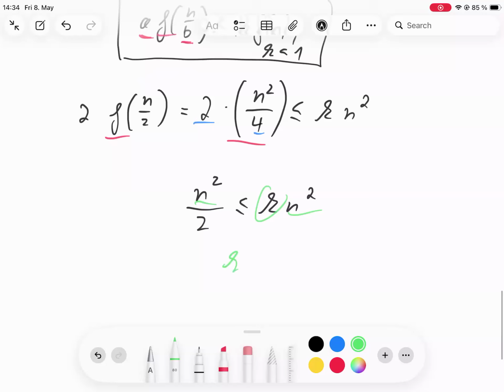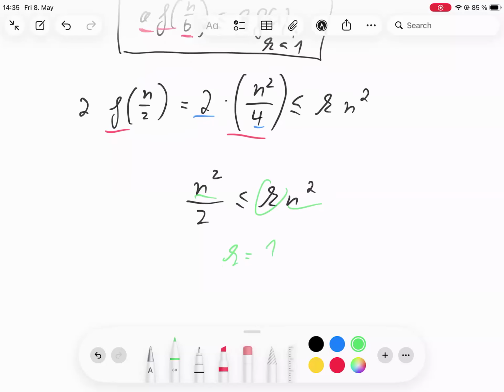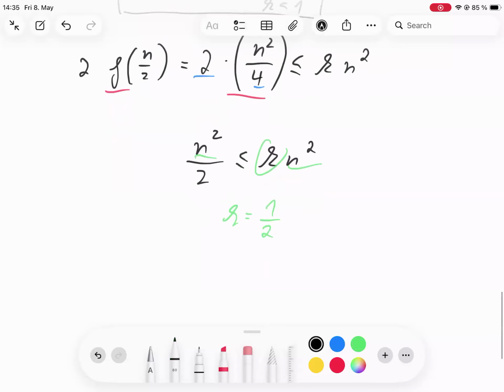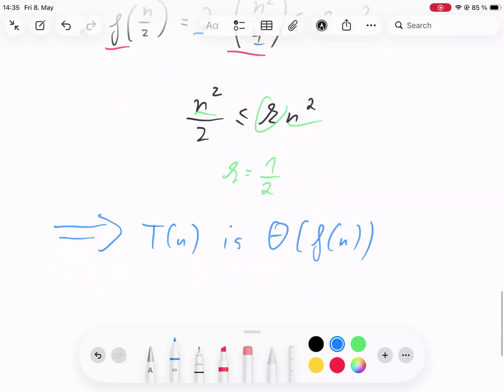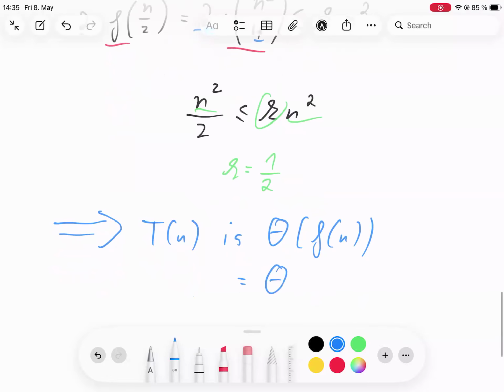So k would be a half. So since we have found such a k, we have shown we are actually in case 3. So we can finish this now and say T of n is theta of f of n, which is theta of n squared.